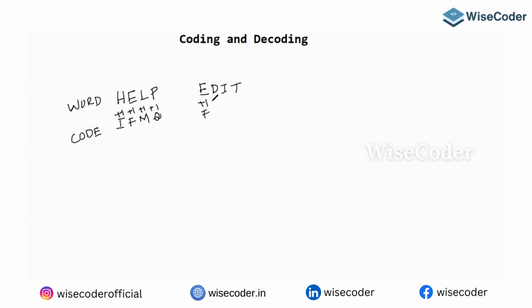The sixth letter is F. The next letter, I plus 1, is going to be J. Plus 1 is going to be U. So the logic here is this: each letter plus 1. This is the word, this is the code. Let's move on to the next question.